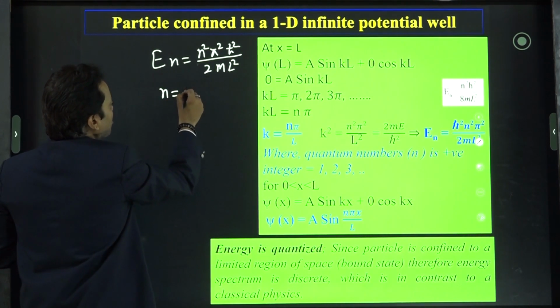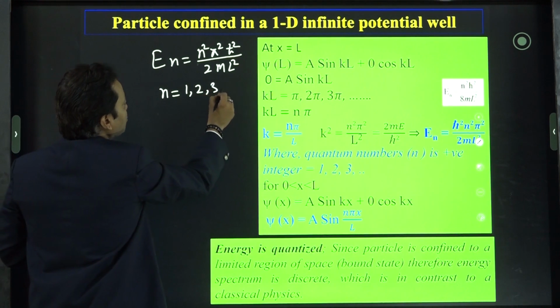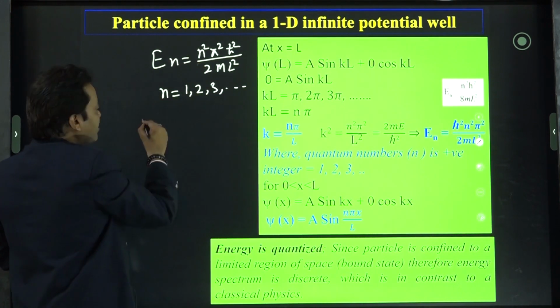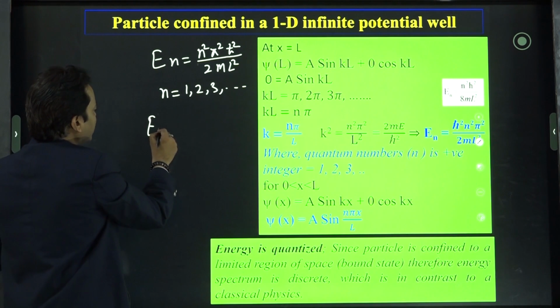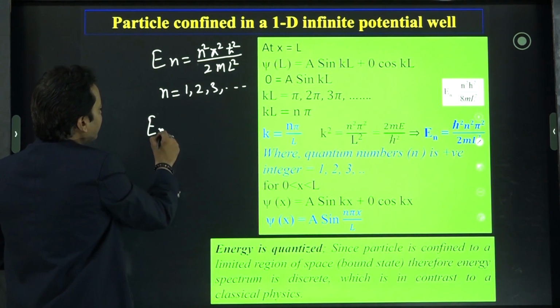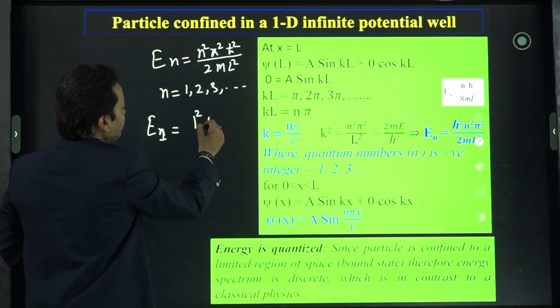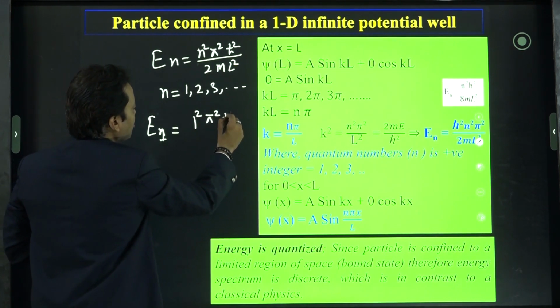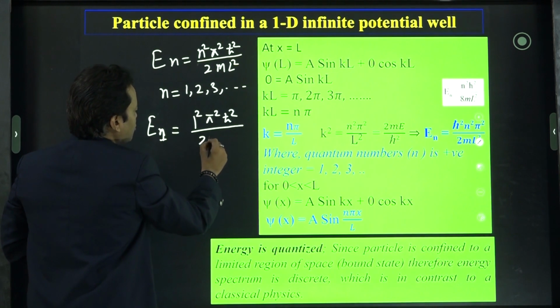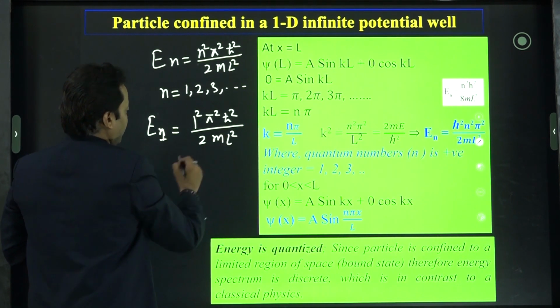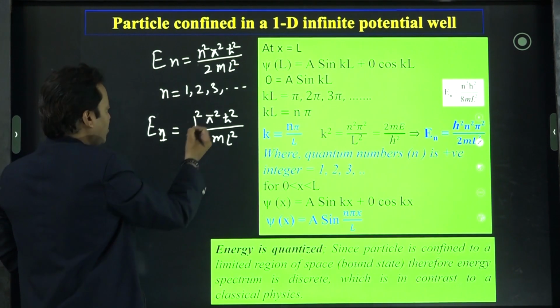So, n can be 1, 2, 3 or so on. So, let us see if n is equal to 1. E1 will become 1 square pi square h cross square over 2 m L square. So, 1 square means 1.